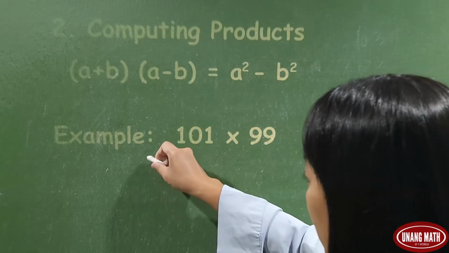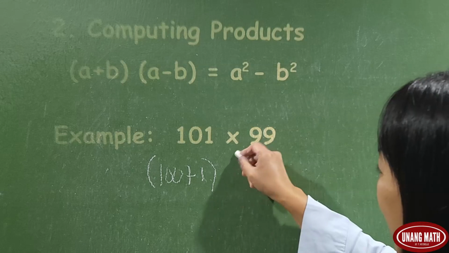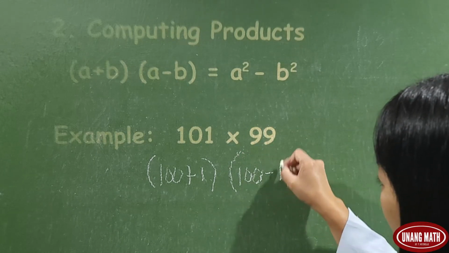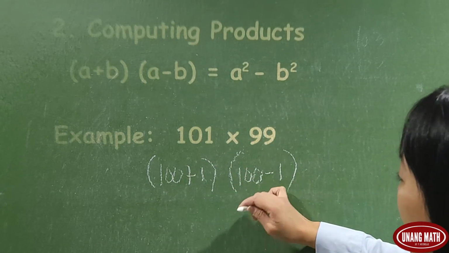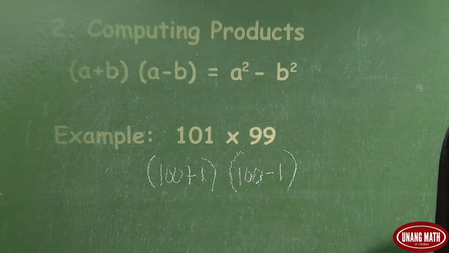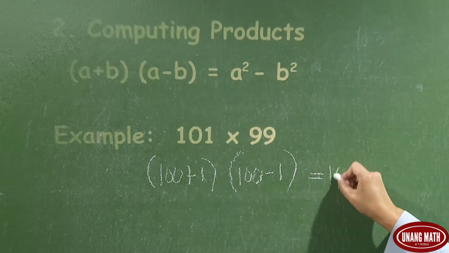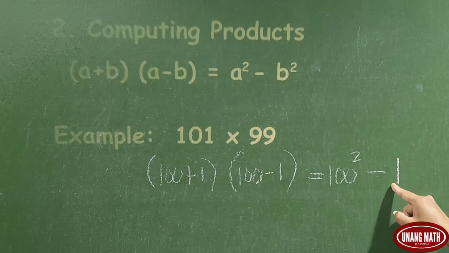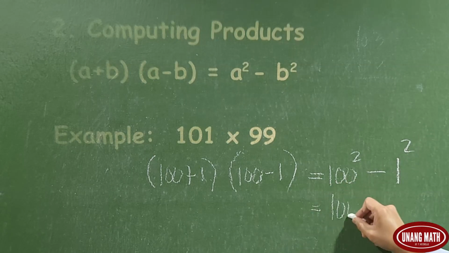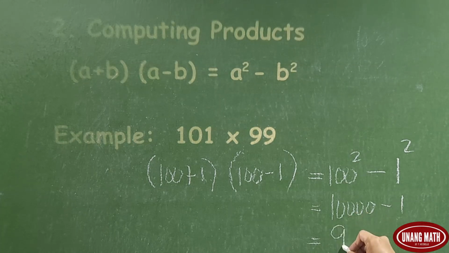Okay, 101 can be written as 100 plus 1. 99 is 100 minus 1. So 100 plus 1 times 100 minus 1. This is difference of squares. So this is then equal to a squared, so we have 100 squared minus b squared, which is 1 squared. So 10,000 minus 1, then this is equal to 9,999.